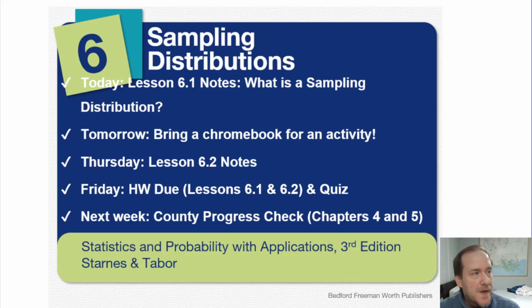But here we go. You can see here that we're starting chapter 6. It's on sampling distributions. It's a topic that at points can become pretty confusing, but it's really important. It's kind of the whole point of statistics, honestly, is you want to figure something out about an entire population.